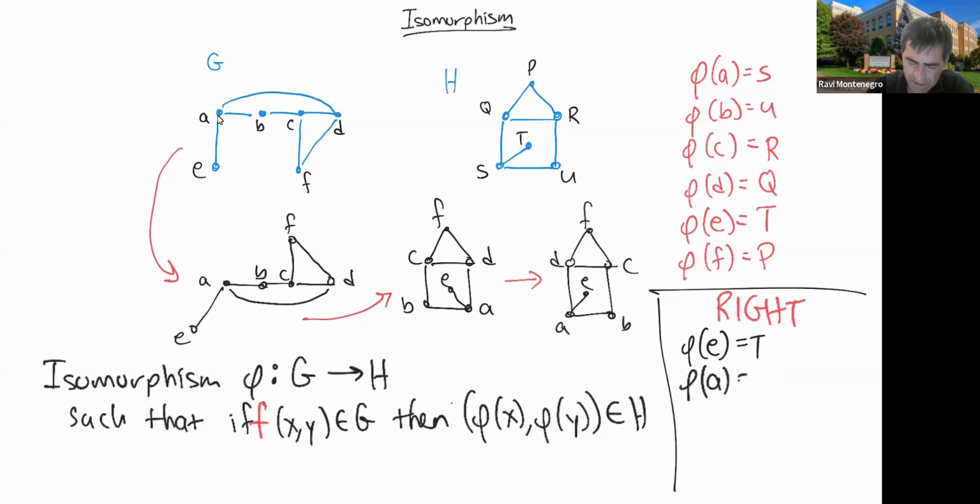So A must go to S. Now what comes next? A is next to 2 points. One of those points is part of a triangle. One of them is not. So I'll just take B. There's no particular reason, just might as well.